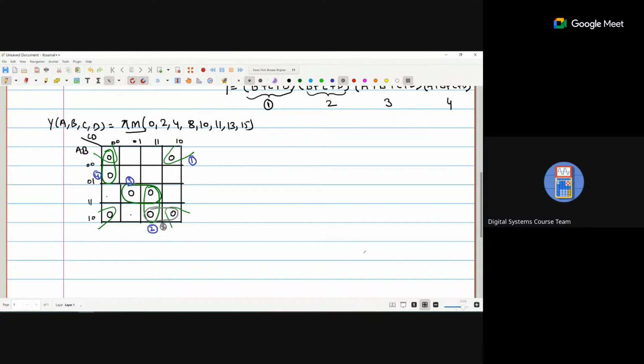So either you can create a group from this and this, 15 and 11, or you can create a group between 10 and 11. So one particular group is considered, and the other is the redundant term.